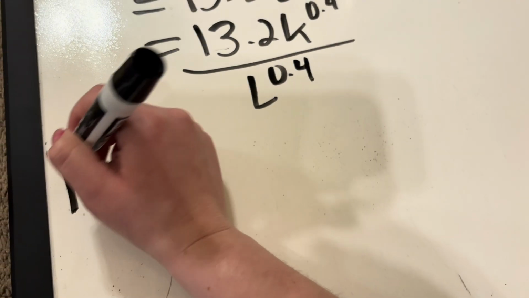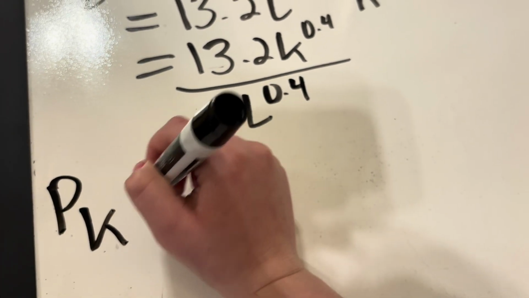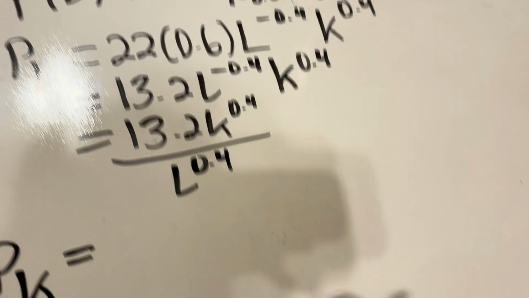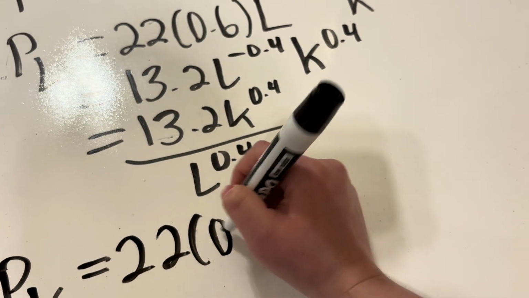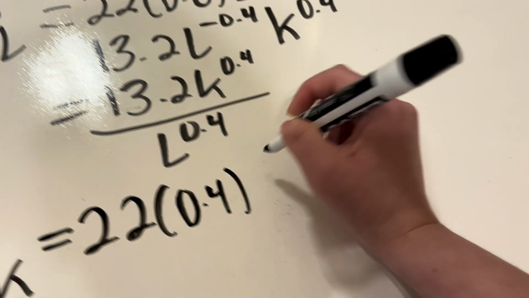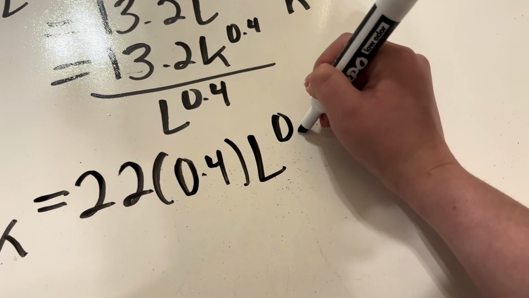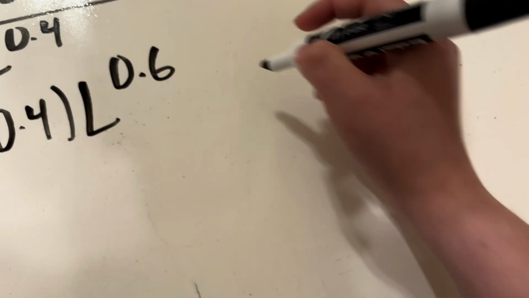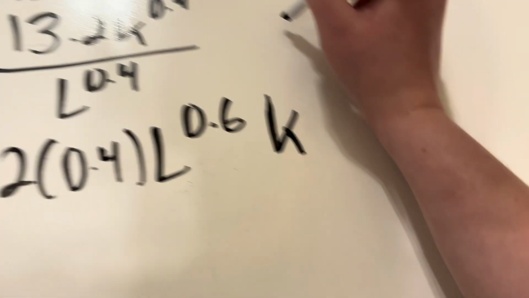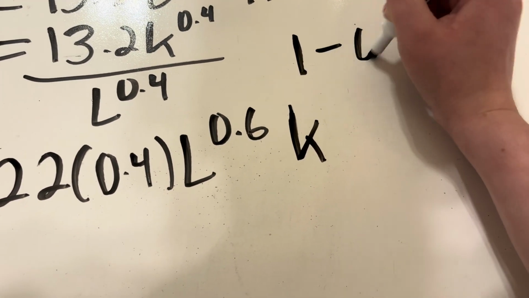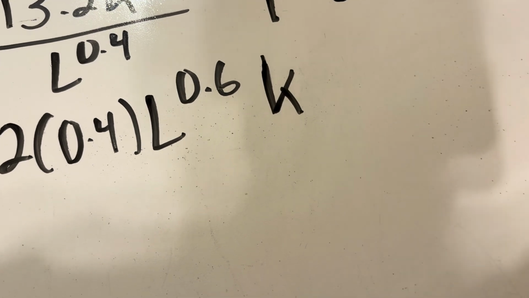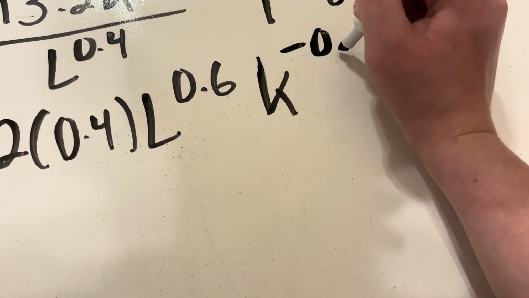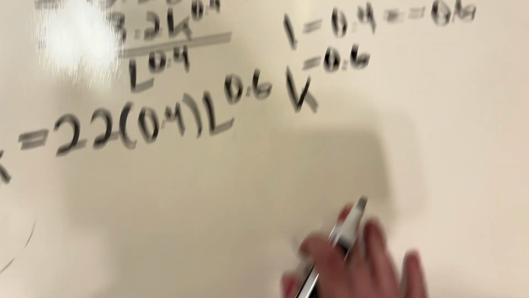Now I have to find P of k. So we will do a similar process. We are going to do 22 times 0.4. We're going to leave L alone in this part, but we are going to subtract 0.4 from 1, which will give us negative 0.6. So k will be at the power of negative 0.6.